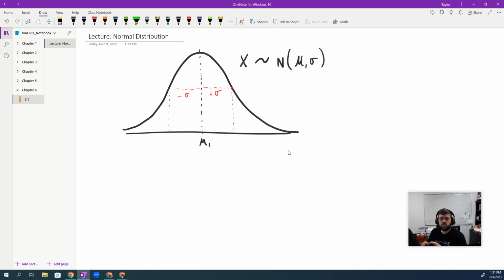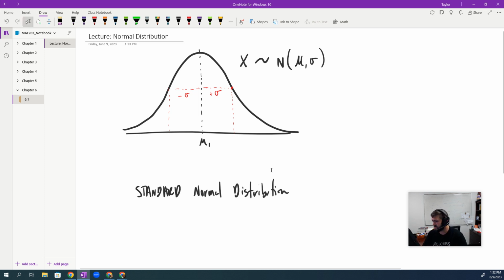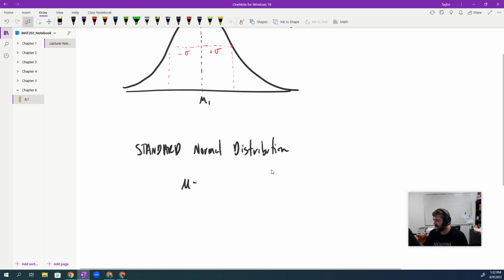Now what we like to do is what's called the standard normal distribution. So here's what we would do with the standard normal distribution. We make the mean 0 and we make the standard deviation 1.